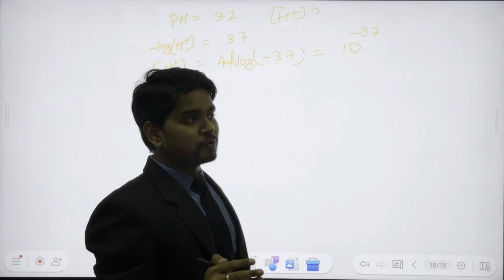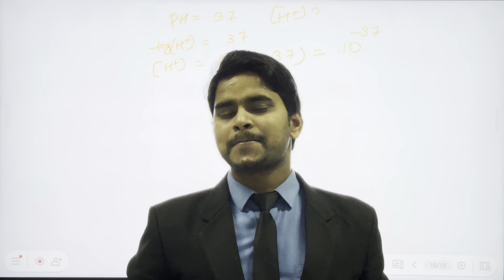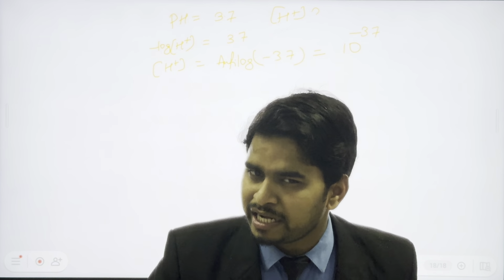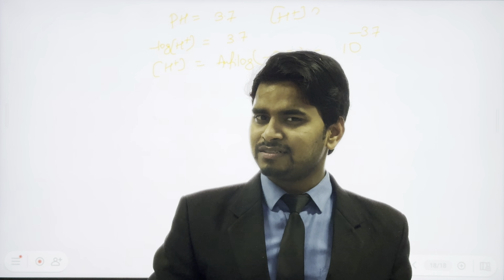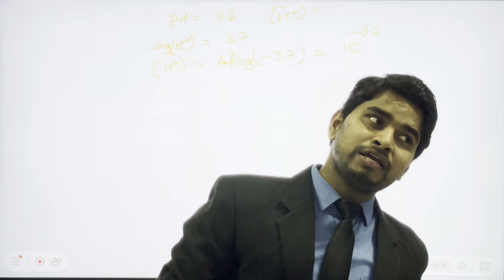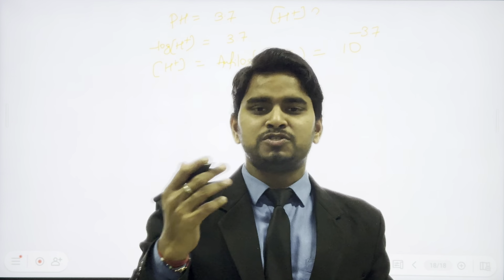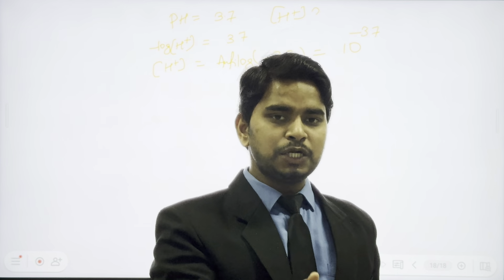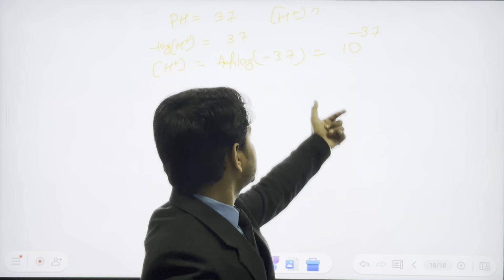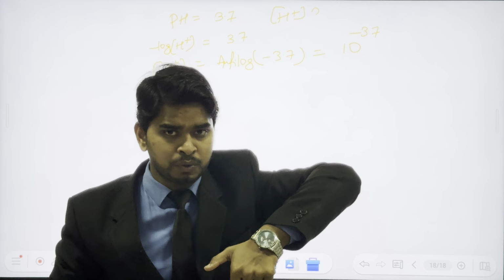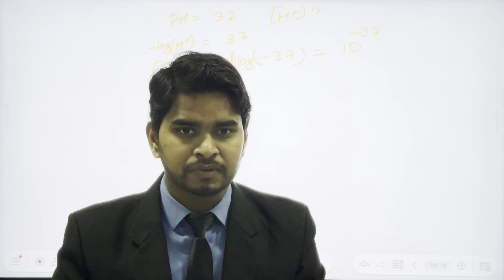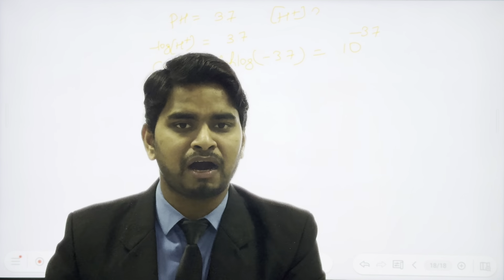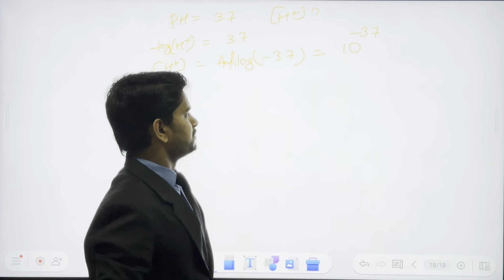Now you guys tell me how to break this minus 3.7? Minus 3 into 10 to the power minus 0.7, or 10 to the power minus 4, a value which is bigger than that in magnitude and lower in value, into 10 to the power the decimal value you are left with.